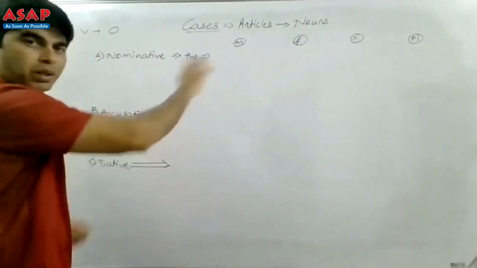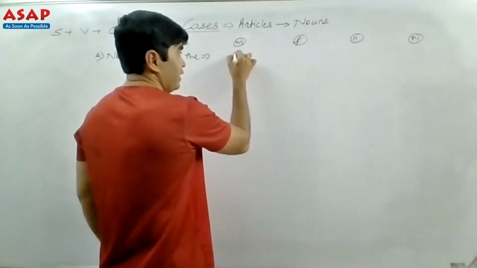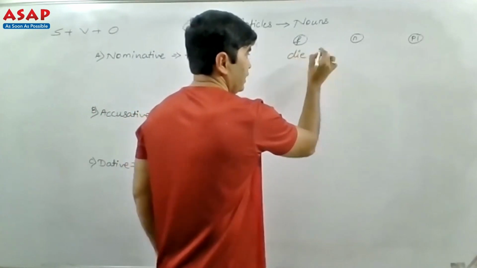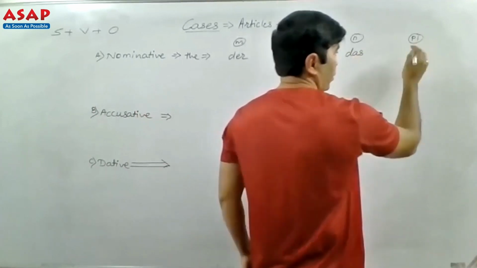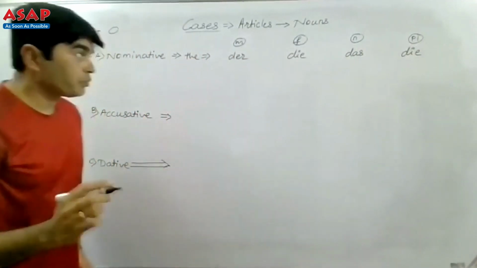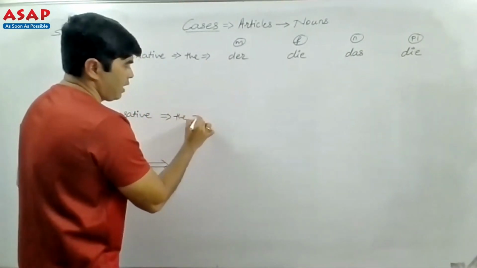What articles have you learned for the in German till now? Masculine is der. Feminine is die. Neuter is das. And plural will be die. Now next, the in accusative.